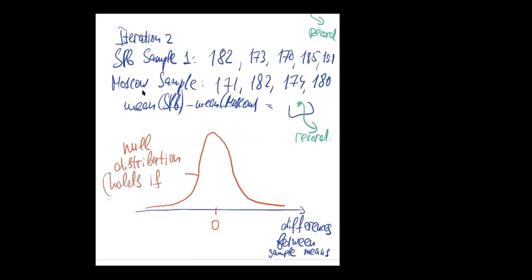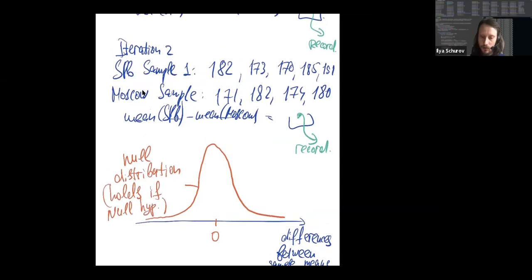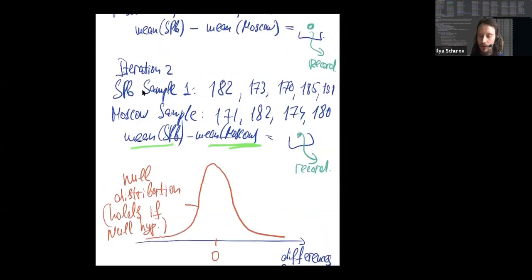But do we now speak about differences between differences? We speak now about difference between two means. So at each iteration, we generate two samples: sample from imaginary St. Petersburg and sample from imaginary Moscow. And then we calculate sample mean and find the difference between these sample means.